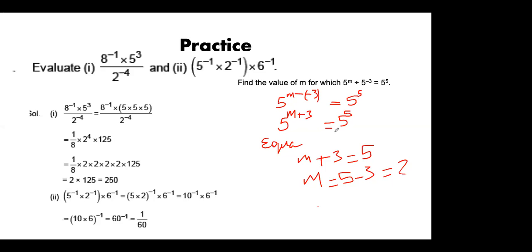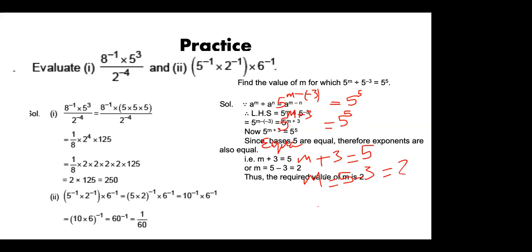Equation means left hand side is equal to right hand side. So on the left hand side you have 5 raised to m plus 3 and on the right hand side you have 5 raised to 5. So equating the powers, because the base is the same already, that means the powers should be the same. So you get m plus 3 equal to 5, which is m equal to 5 minus 3 equal to 2. Okay?